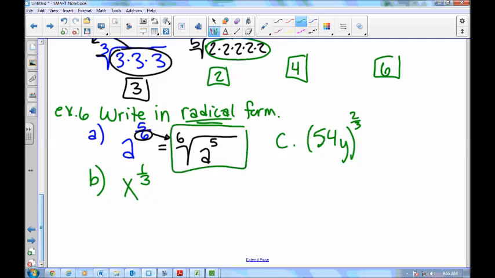C is a little bit of a challenge, but still the same pattern. You're good?